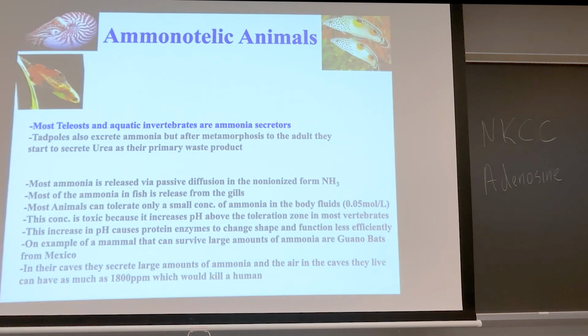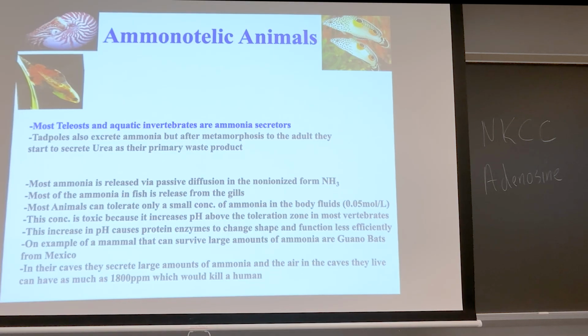So let's do the ammonotelic animals first. These are fishes or anything that's really aquatic. So most teleosts, remember teleosts are just bony fish, aquatic invertebrates, and even tadpoles of frogs, for example, or larvae of salamanders, any amphibian, they excrete ammonia because they're living in water.